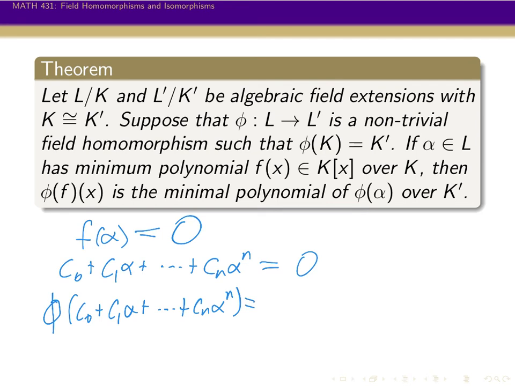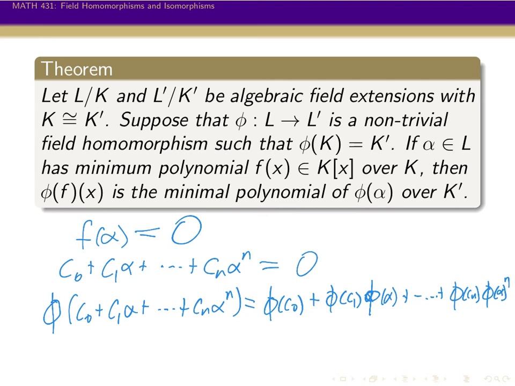By the properties of homomorphism, we can break this down into phi of c naught plus phi of c1 times phi of alpha, plus up to phi of c sub n times phi of alpha to the nth power.